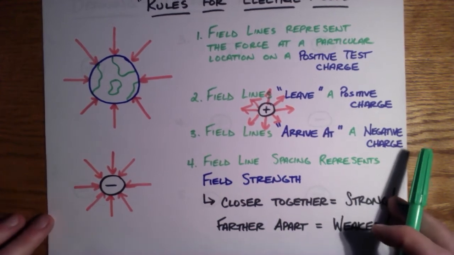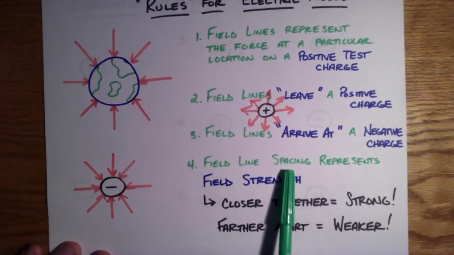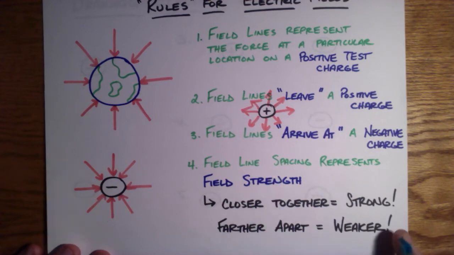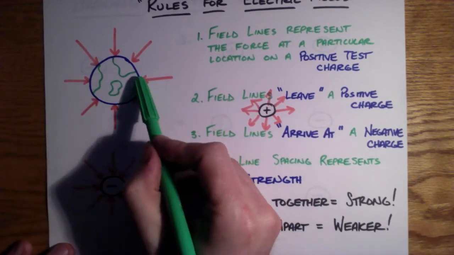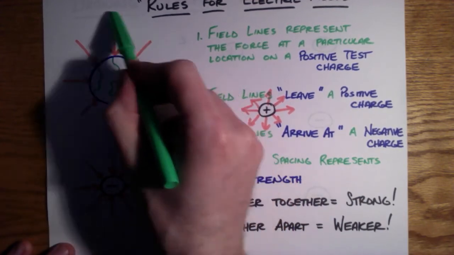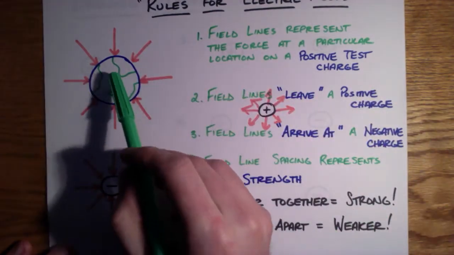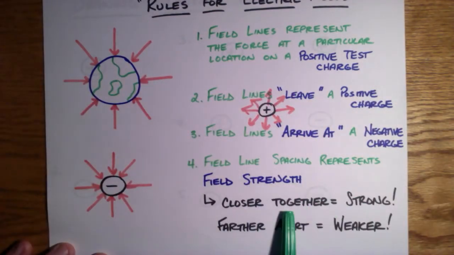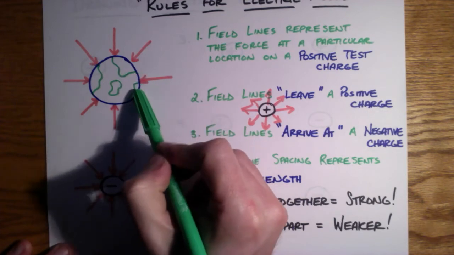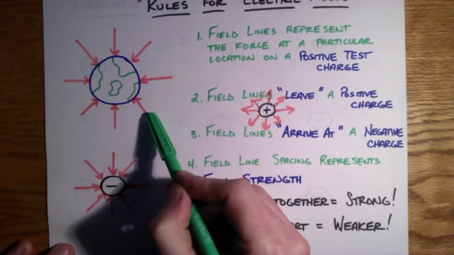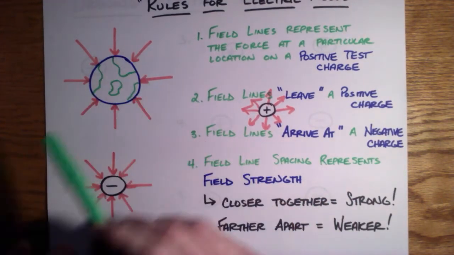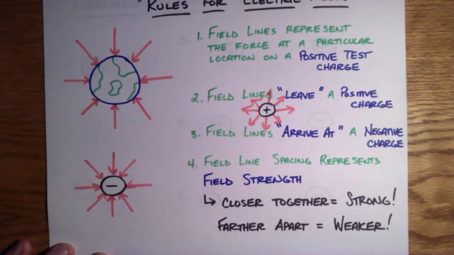The last thing, I did mention this briefly, but field line spacing represents the field strength at that location. So as you can see, on the surface of the Earth, you are heavier than if you were further away. And at the surface of the Earth, these field lines are closer together. So the space between them is smaller than when you travel further away. So you have stronger gravitational force closer to the surface of the Earth.